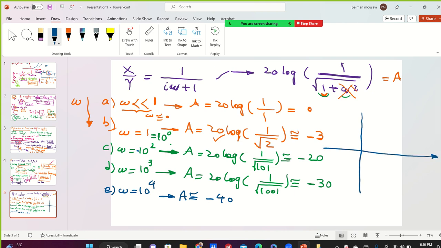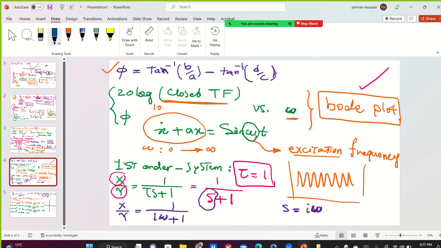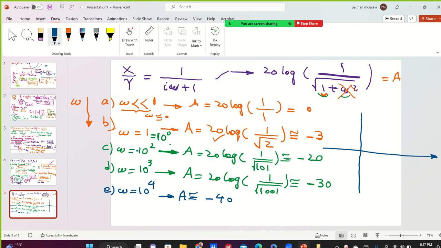for the first order system, guys, with this closed transfer function, okay? This can be a mass spring, this can be an RC circuit, or the tank of water that I'm teaching in ME430. This is going to be omega, okay? I'm going to put that in MATLAB in the next classes.